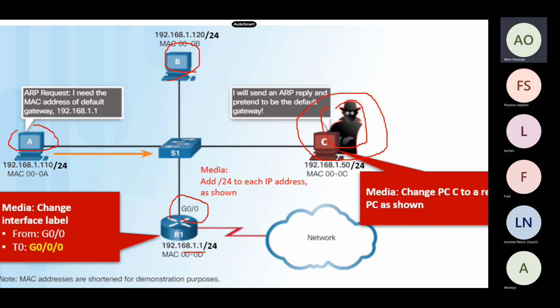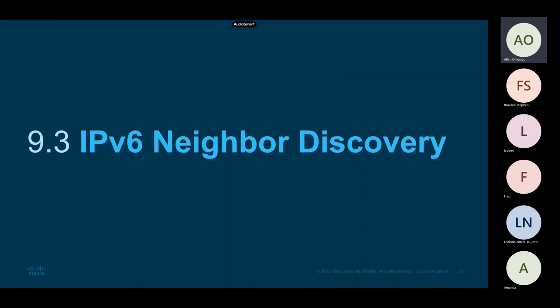PCA is going to believe that every time it wants to send something to the default gateway, it's going to send it to the hacker instead. And the hacker can take advantage of that. This is a very good example of spoofing and broadcasting, taking advantage of or compromising the ARP table of any other device.